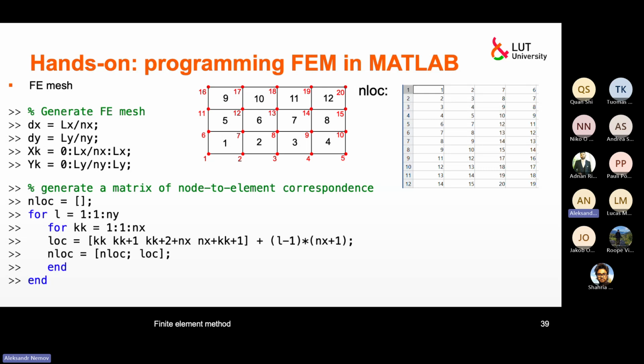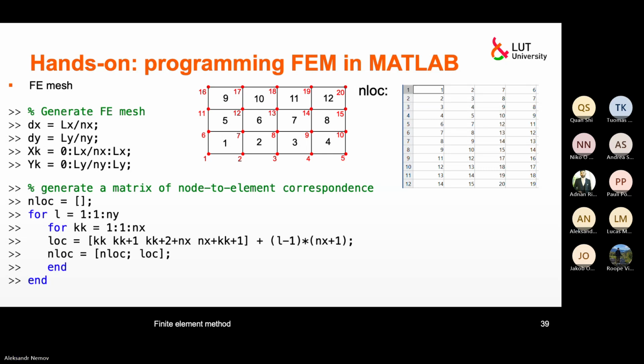Like the special thing for nx equals 4 and ny equals 3 before the loop. What do you mean? Does this loop, especially nlog, only apply for ny equals 3 and nx equals 4? No, not really. Why not? You can use different numbers.